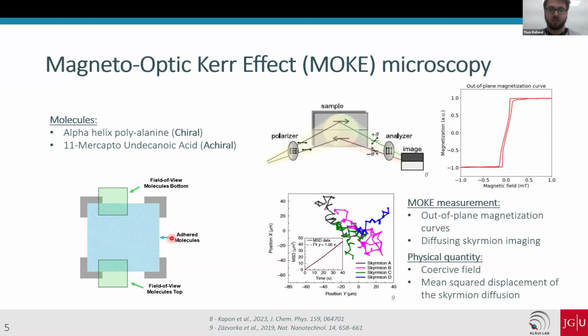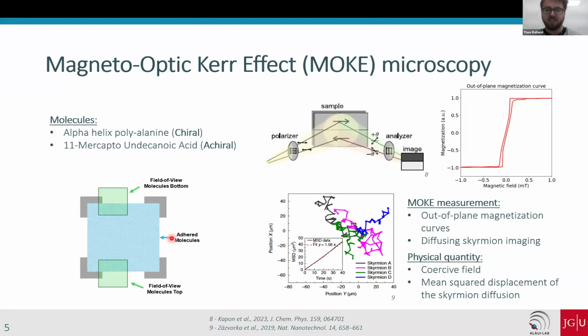From this, we can image out-of-plane magnetization curves that give information about the Skyrmion stability. We also take videos of skyrmions diffusing, and from this, we can track those skyrmions and calculate the mean square displacement versus the lag time. And this will characterize the diffusion experiments.